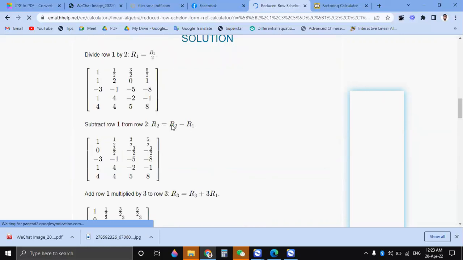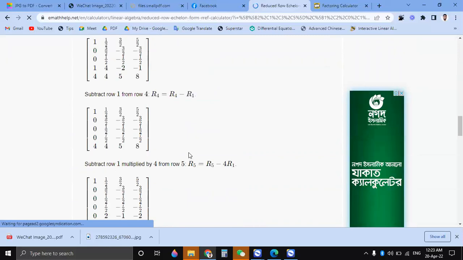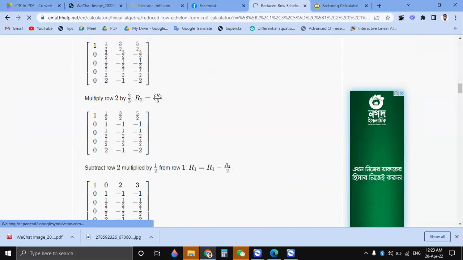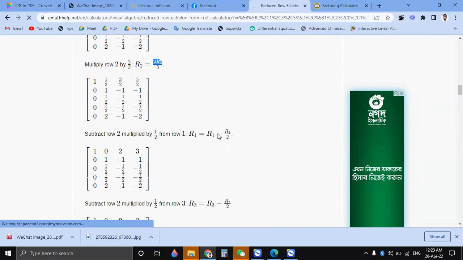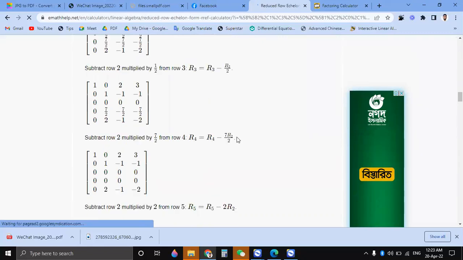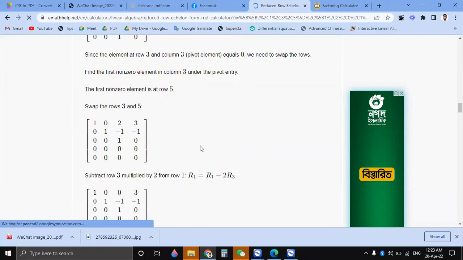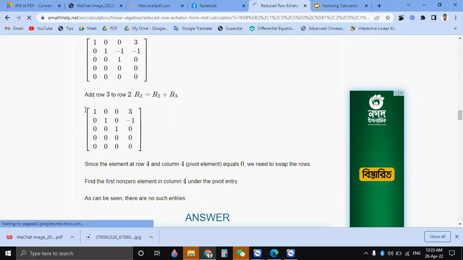So you see here, firstly R2 minus R1, then R3 plus 3 into R1, then R4 minus R1, then R5 minus 4 into R1, then 2 by 3 R2, then R1 minus R2 by 2, R3 minus R2 by 2, and then R4 minus 7 into... so this is a long story. And finally you will get something like this.